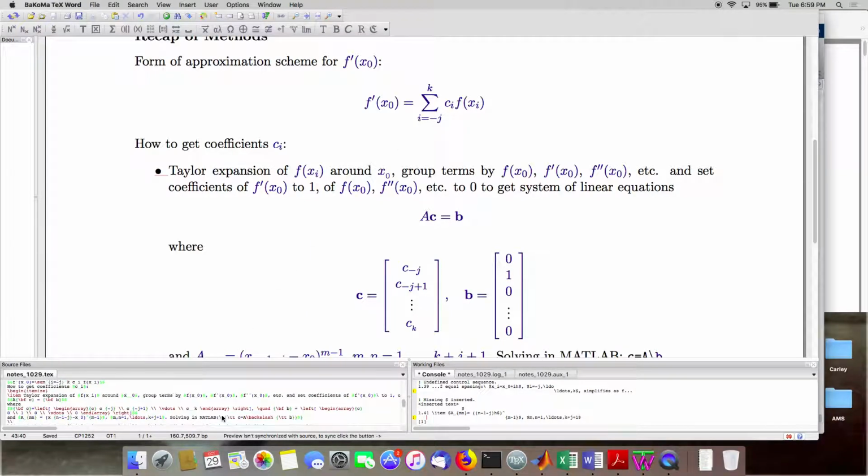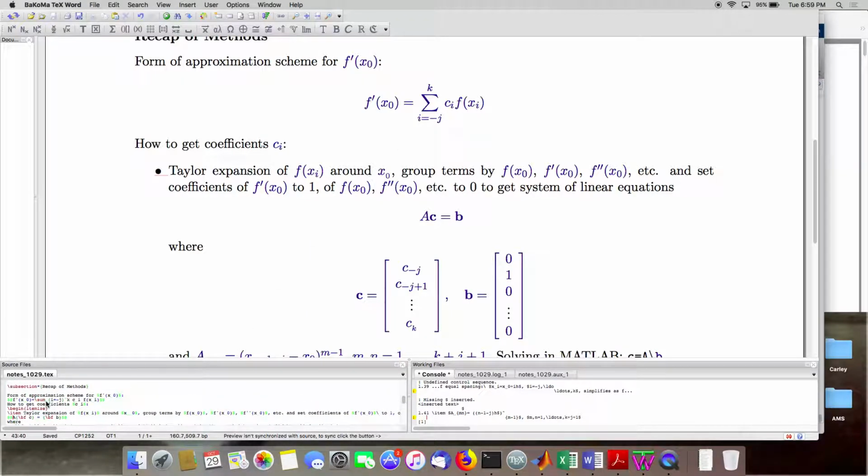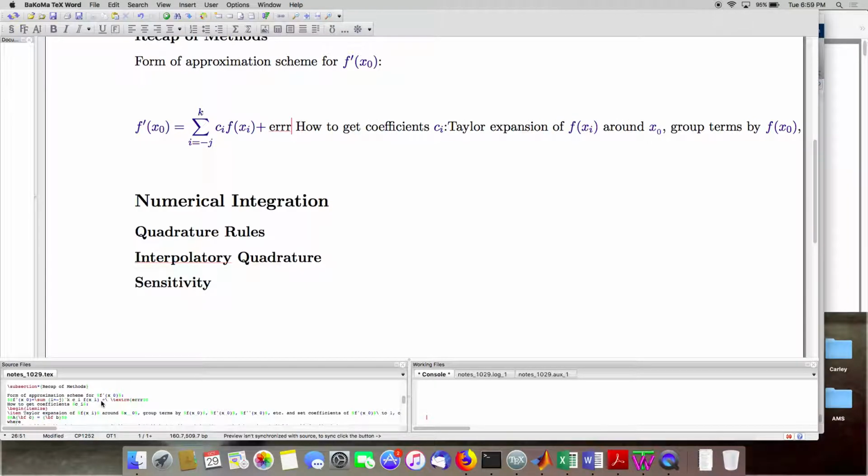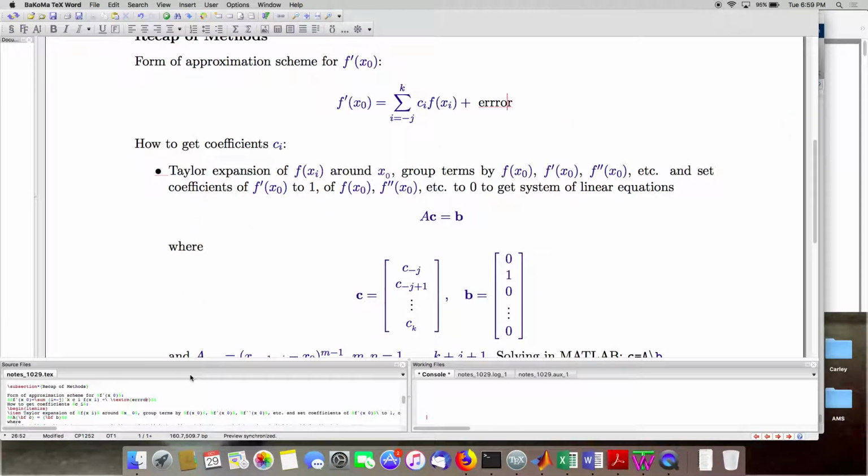And I should say here at the top, that's an approximation plus some error, with not so many R's.